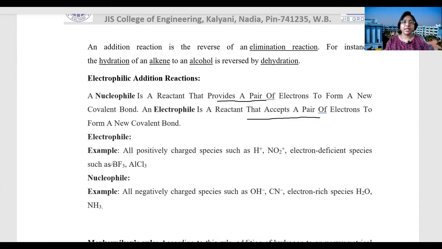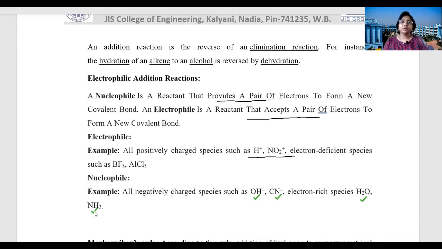Here are examples of electrophiles: positively charged species like H+, NO2+, and also electron-deficient species like BF3, AlCl3, etc. And for nucleophiles, the examples are OH-, CN-, H2O, which are electron-rich species, and NH3.